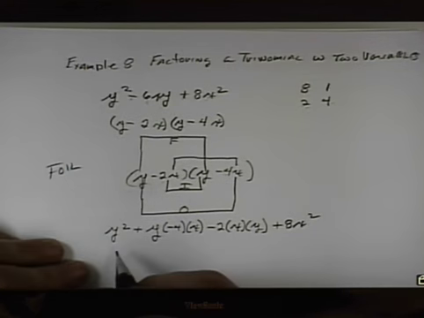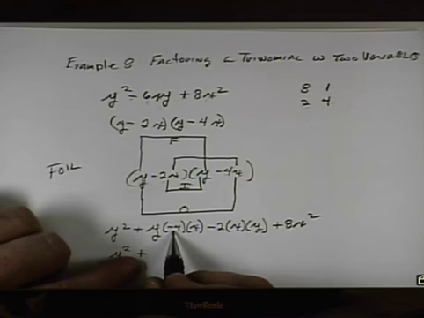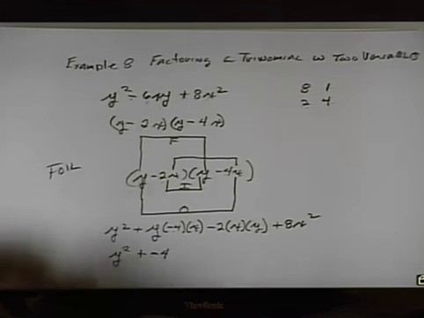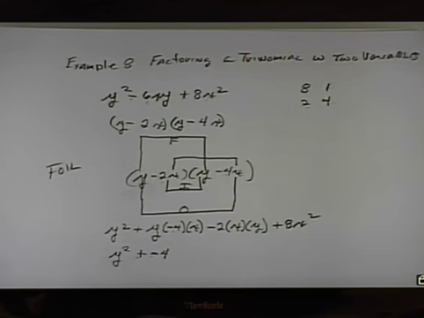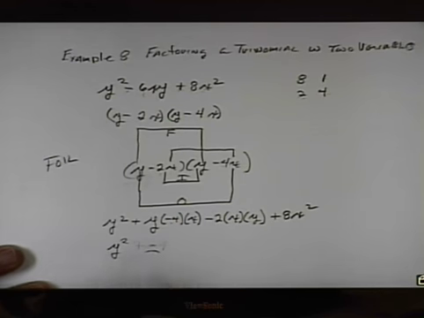Now we'll go rewrite this. y squared plus, we'll write our number first as a minus 4. So a plus a minus 4, what is that? This is the same as a negative, right? Plus a minus is a minus. So this is going to be a minus 4.